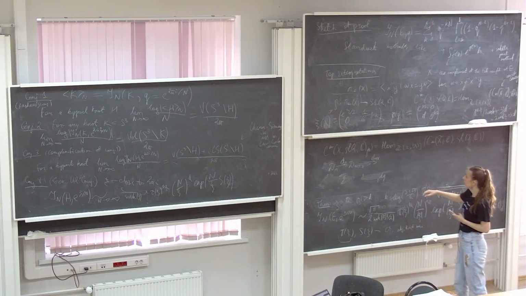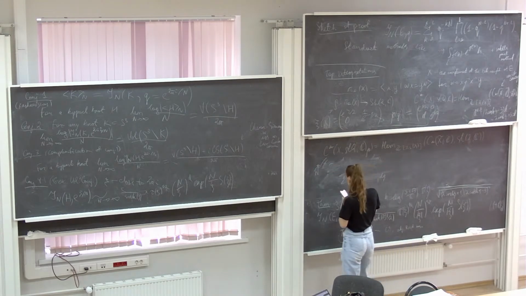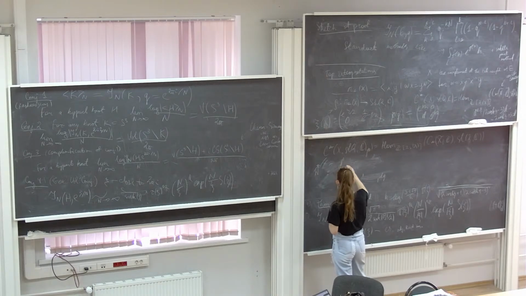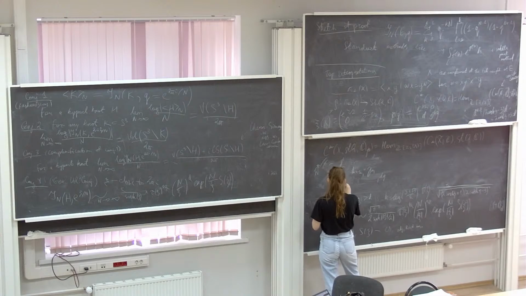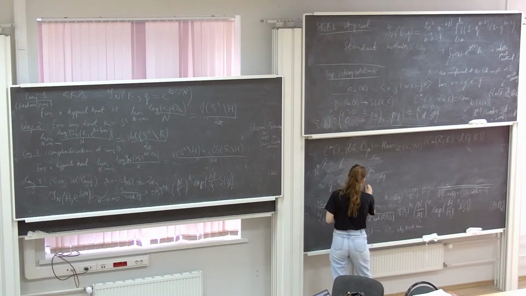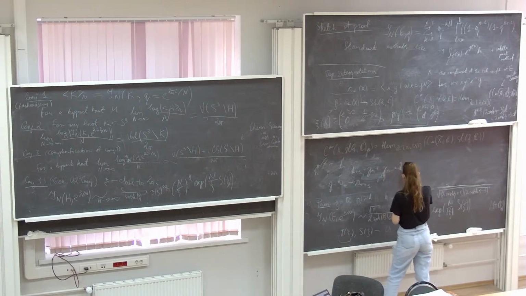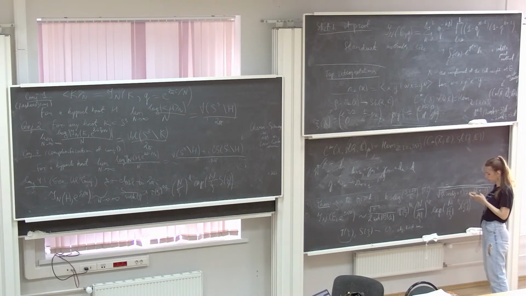So if we denote for brevity this thing by G star, and also the contraction operator by D_n, then there is gamma from D_{*+1} such that this thing holds.